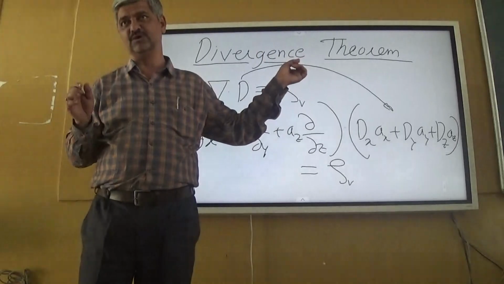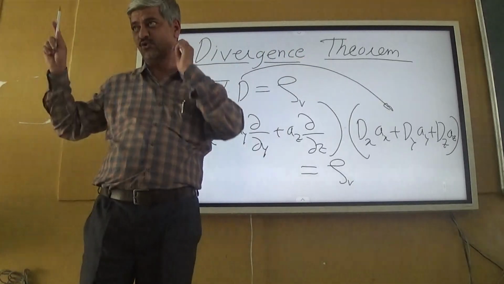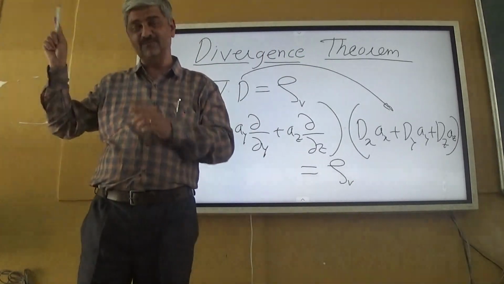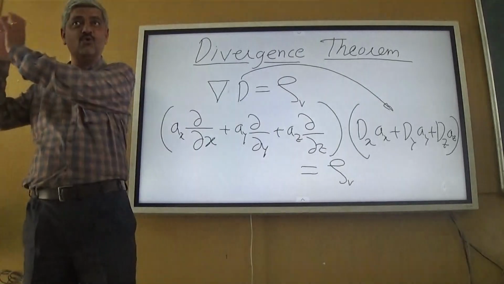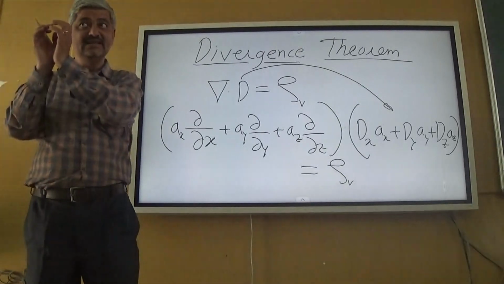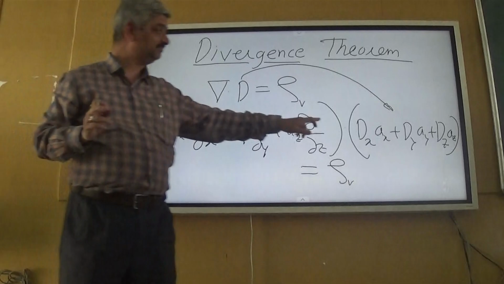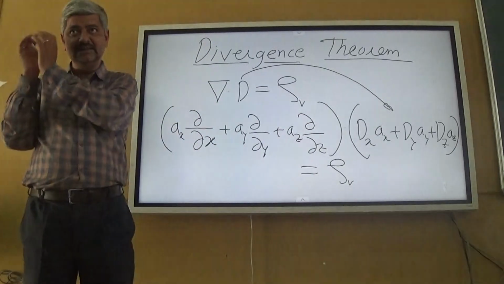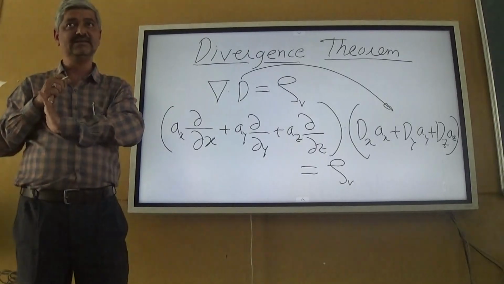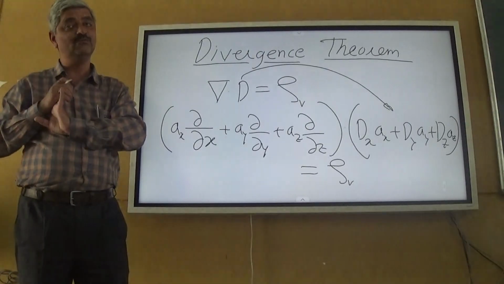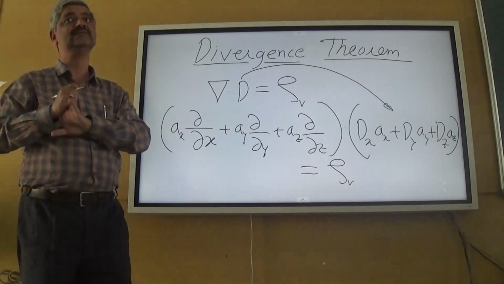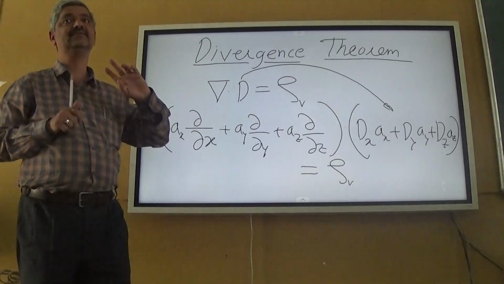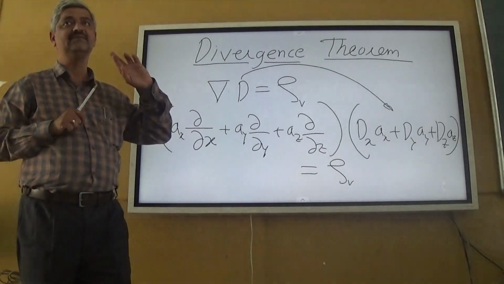Means last time what have we derived? We have derived that rho v dx dy dz is equal to what it corresponds to? Rho v dx dy dz. What was the last derivation? That time we found that it is, what is that?